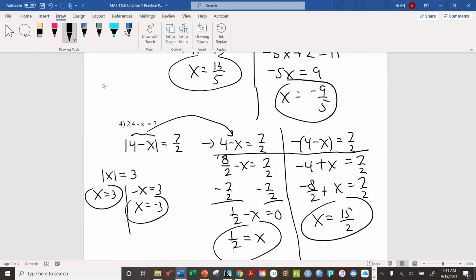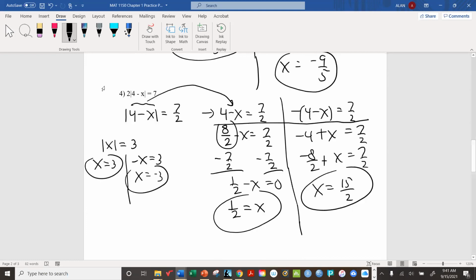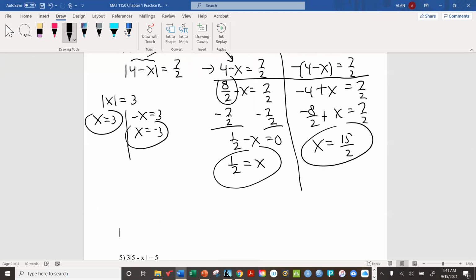Now, as far as this goes, let me show you this separately. If I had a situation where I was told that x equals 4 minus 7/2, I can't directly combine these because they do not have a common denominator.